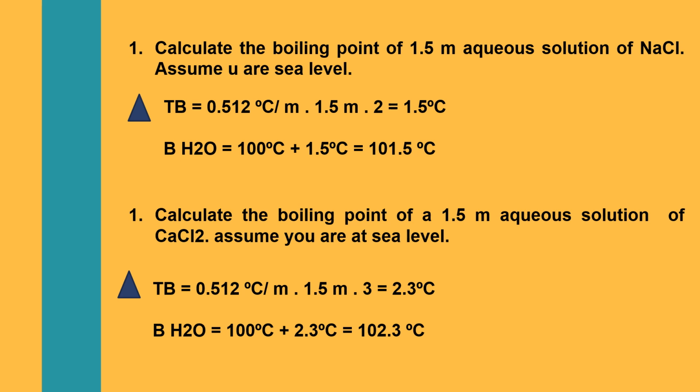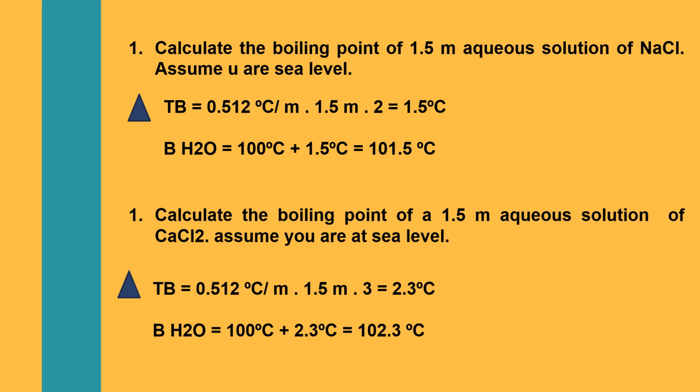If we put this in the water, all of these ions are going to dissociate, and we should end up with 3 ions, right? We have 1 calcium ion and 2 chloride ions. So we're going to multiply this by the van't Hoff factor, which is 3.